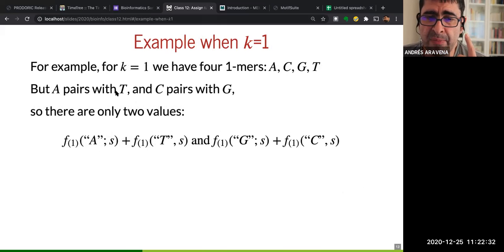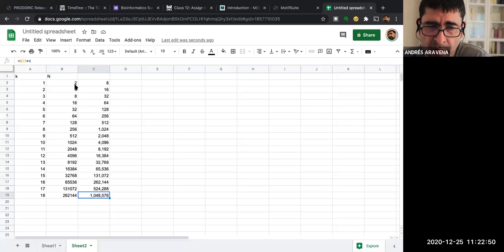But since A pairs with T and C pairs with G, you only have two values. I mean, if I see an A, in the opposite strand there is a T. If I see a G, in the opposite strand there is a C. So the two values that you really can count, the number 2 that we got here, are these.